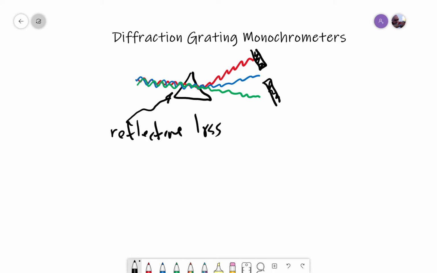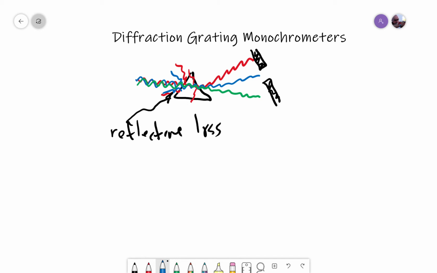Anytime you travel between different media that have different refractive indices, you end up scattering or reflecting a lot of light off that surface. In fact, between air and glass, you end up losing about 7% of the light.